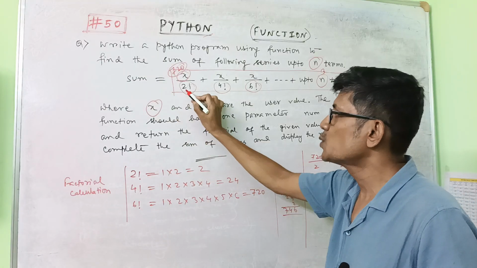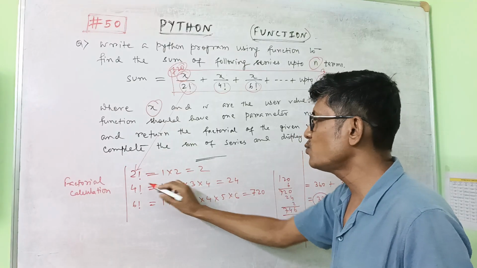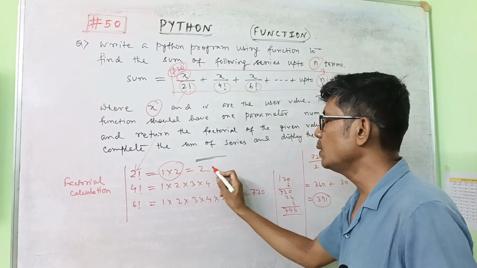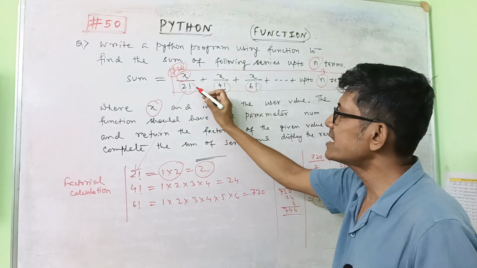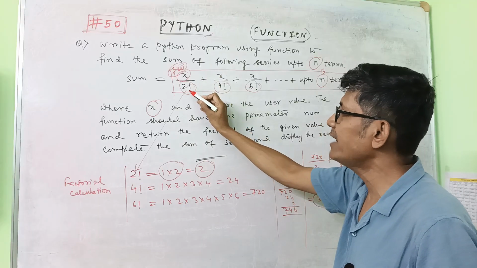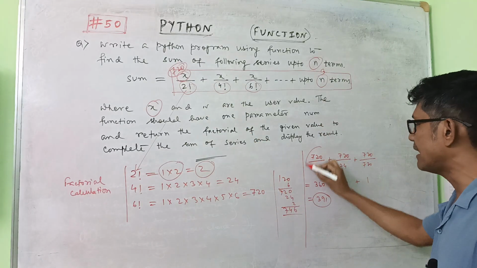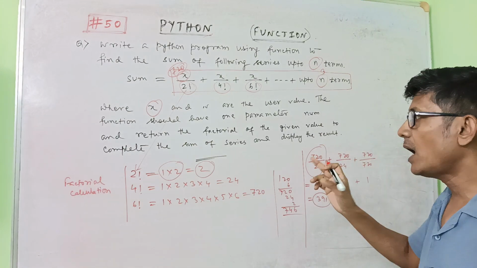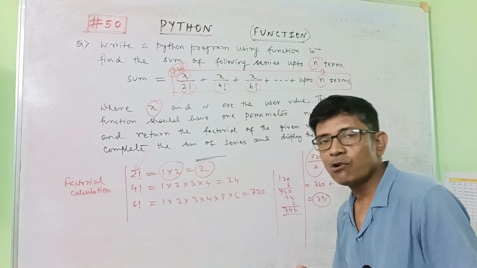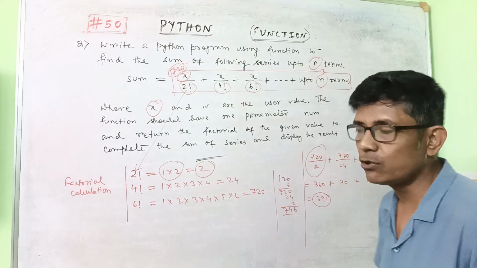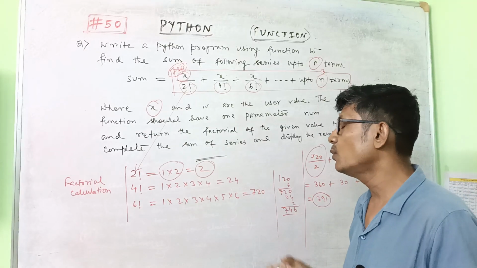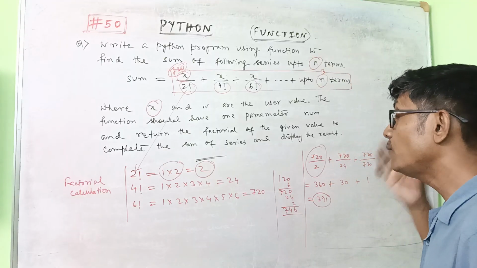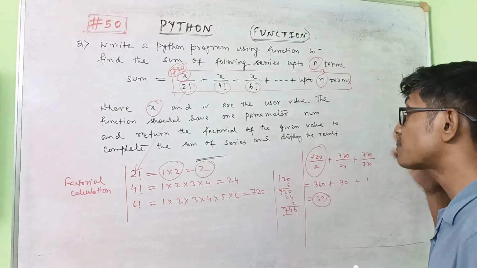The factorial symbol means 1 into 2, so the value is 2. So 720 by 2 factorial we will get like this. I think you can understand. I have already done the rough work to save my time, so please check how we do this process.